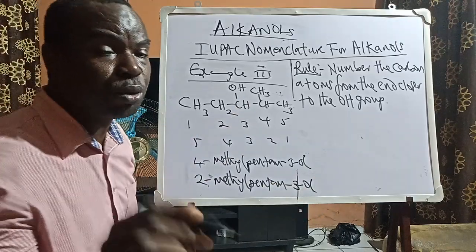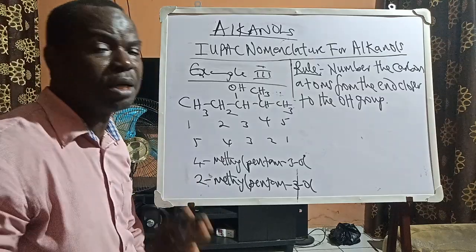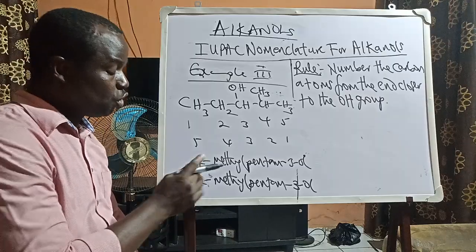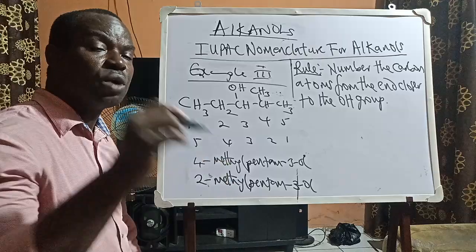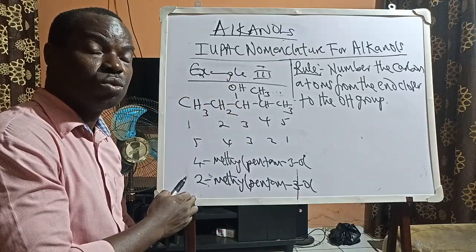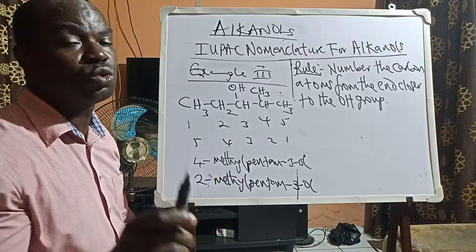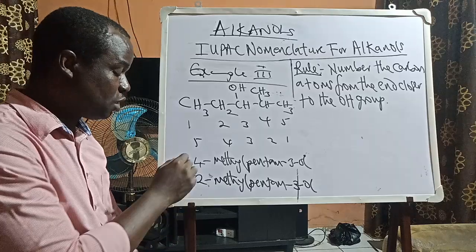Now, very, very important, in organic chemistry, we don't use higher numbers, we use lower numbers. So, this 4-methyl and this 2-methyl, IUPAC says that if you have 2 numbers, take the lower number. So, the lower number of the 2 is this one. This is the right name, this is the wrong name.